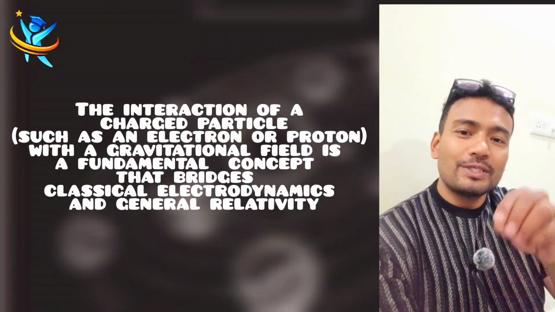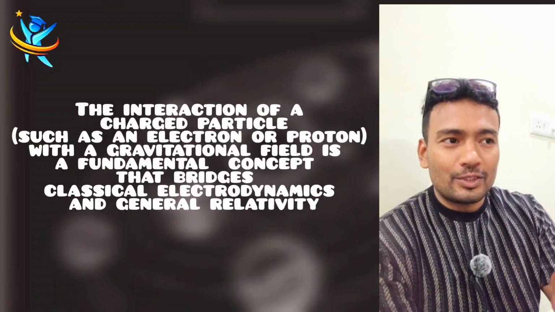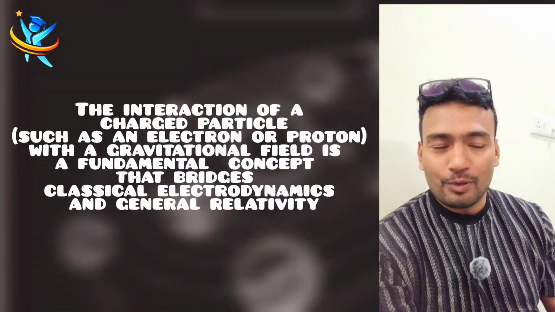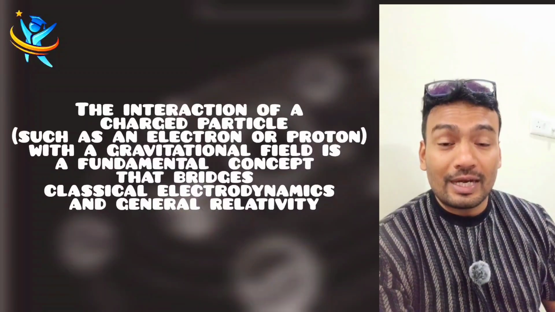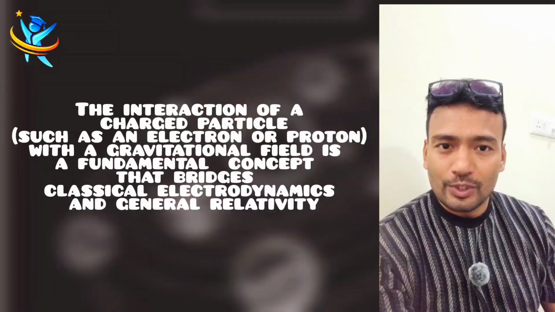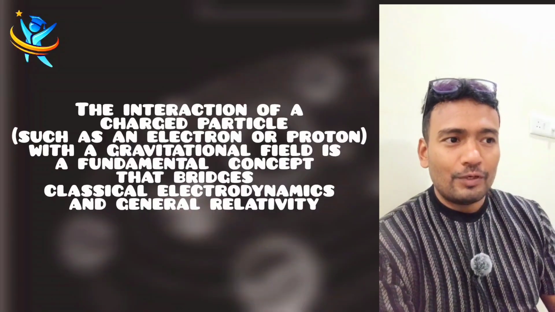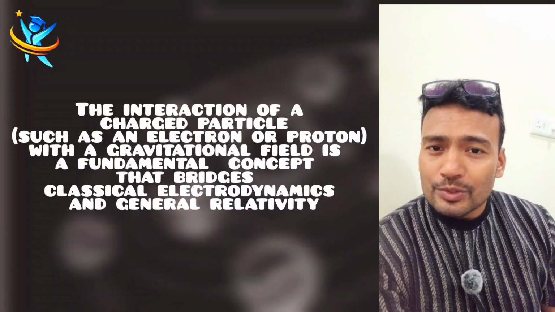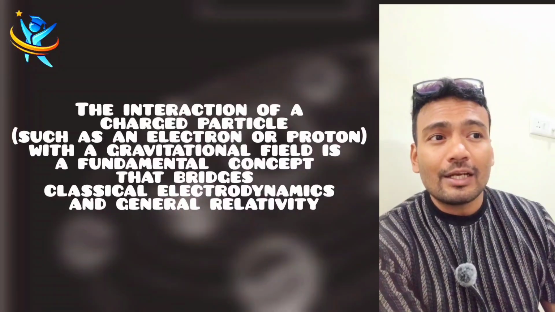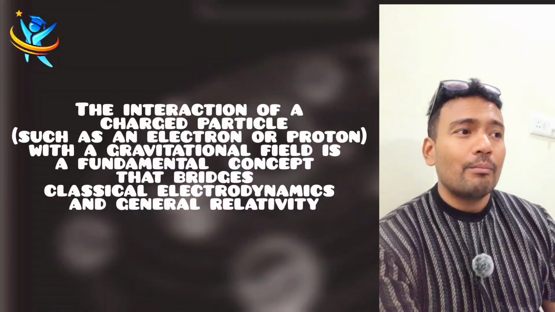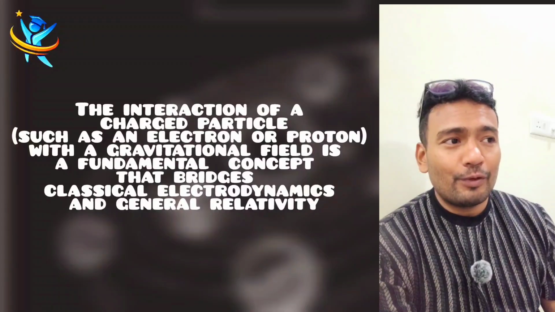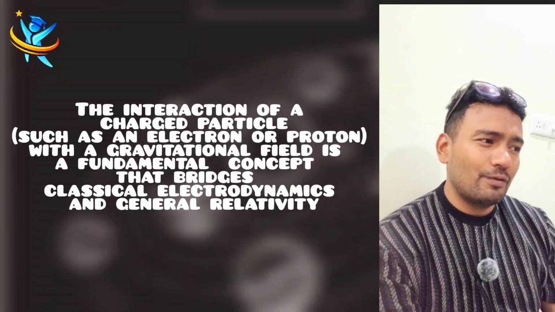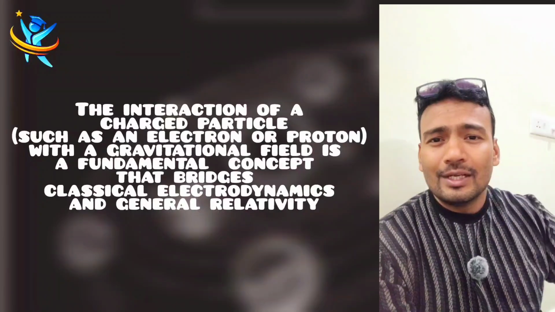Just because particle is present in some other kind of field but there is no interaction, in such cases the particle is not going to have any type of potential energy. हाँ, अगर particle gravitationally interact कर रहा है with another body, then it is going to have gravitational potential energy. But for this case, electric field और gravitational field का interaction, it is not going to generate any kind of potential. At least in classical physics में तो नहीं, but at the relativistic level पे if you are going, there is some kind of interaction between electromagnetic and gravitational force, but that is totally a very higher level problem.